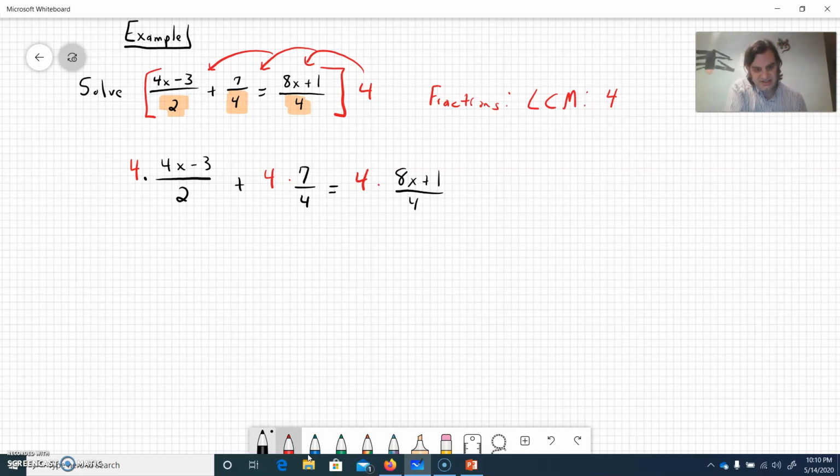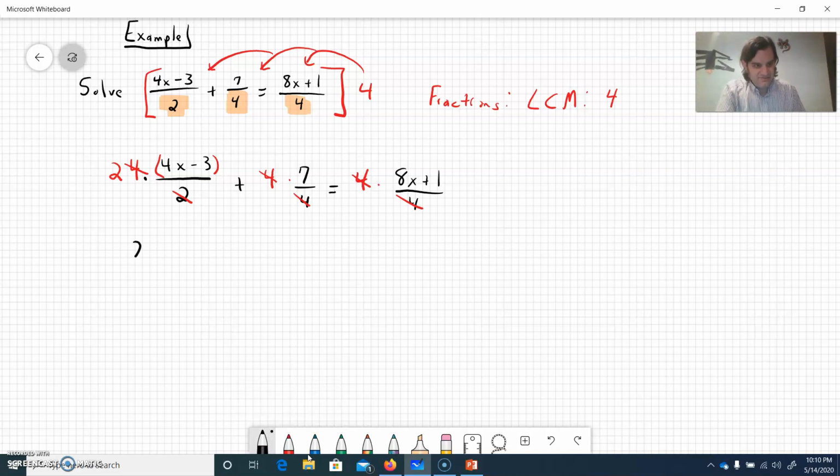Looking at this, the 4 over the 2 reduces down to just 2. That creates a distributive property for us, but the 4 over 4 goes away, and the 4 over 4 on the right-hand side goes away. So now I no longer have a fraction.